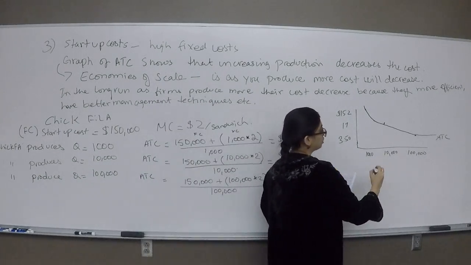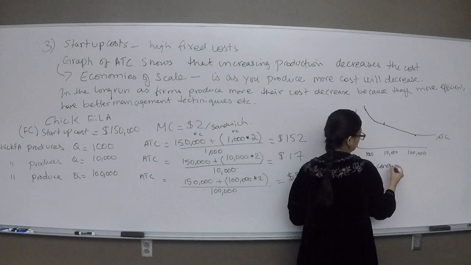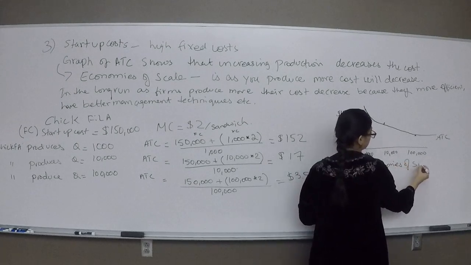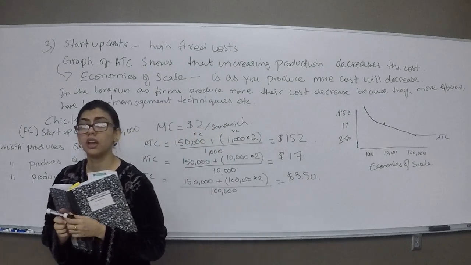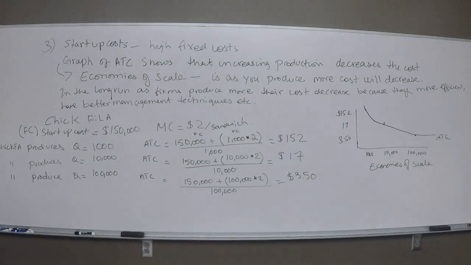This is economies of scale. That as you produce more, your cost will decrease. And a lot of firms do that. They expand their production and they start to manage efficiently, and their cost decreases, and what happens is their revenues go up.